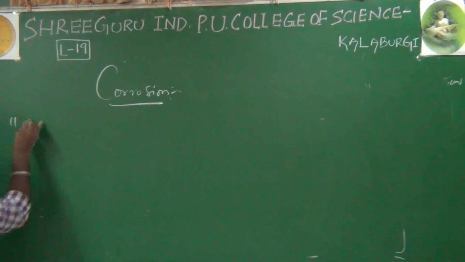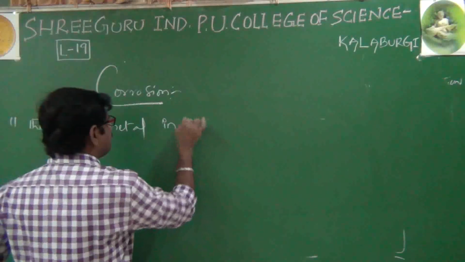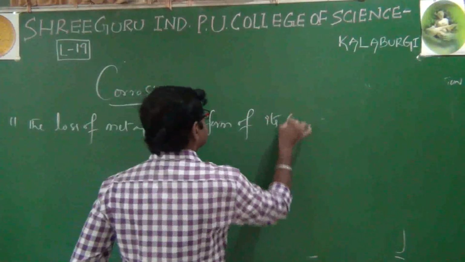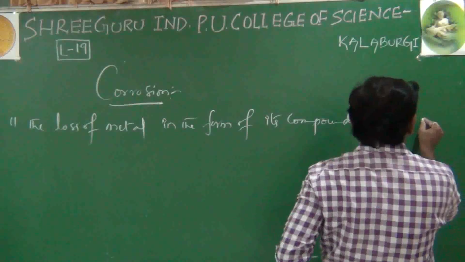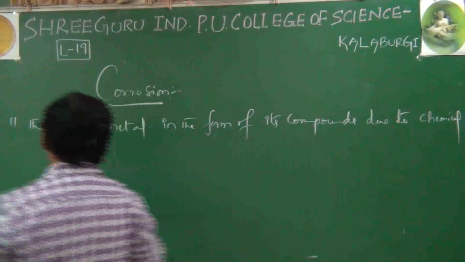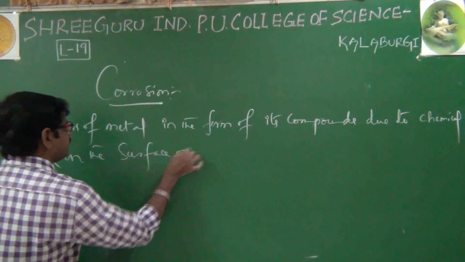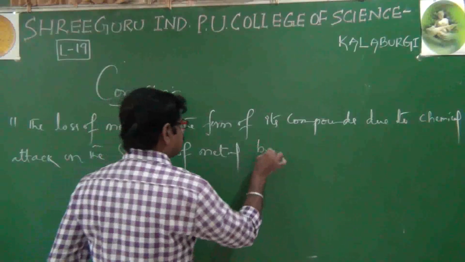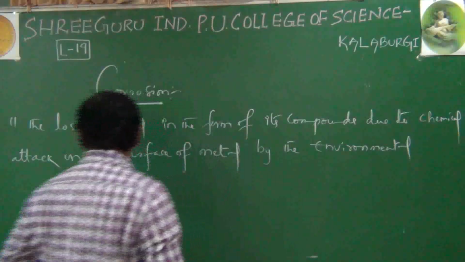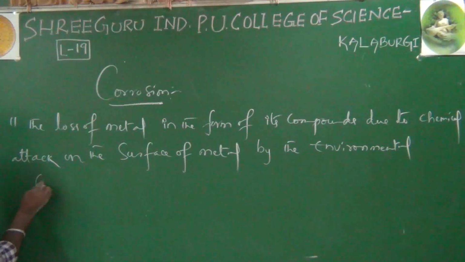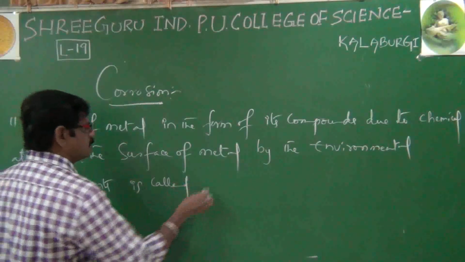The definition I'll write here: the loss of metal in the form of its compounds due to chemical attack on the surface of metal by the environmental constituents is called corrosion.